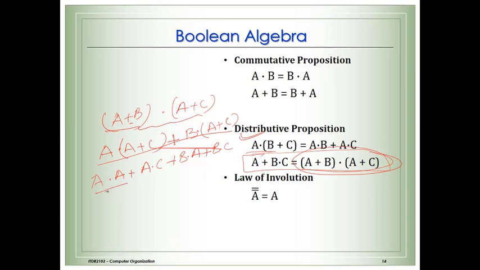Correct? So you know that A and A will become A. For example, 1 and 1 will be 1 always, right? And 0 and 0 will always be 0. So A and A will be reduced to A, and A and C, B and A can be written as BA or BC. And you can take A common over here.